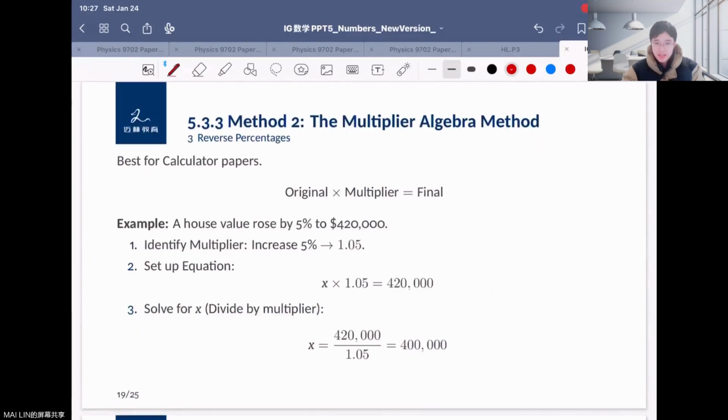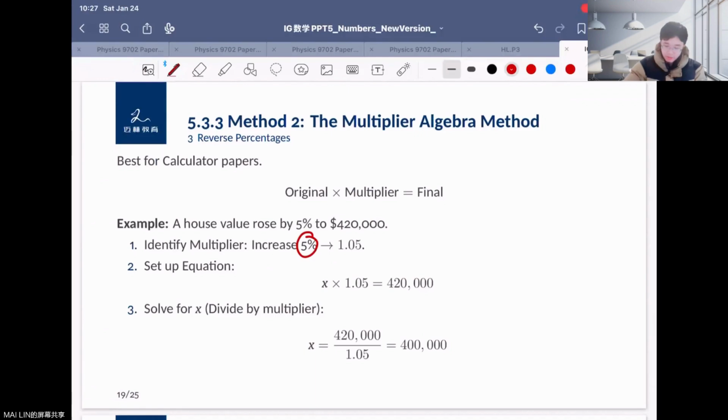Here's another example. A house value rose by 5% to $420,000. How do we calculate this? We increase by 5%, so the multiplier compared with the original price is 1.05.